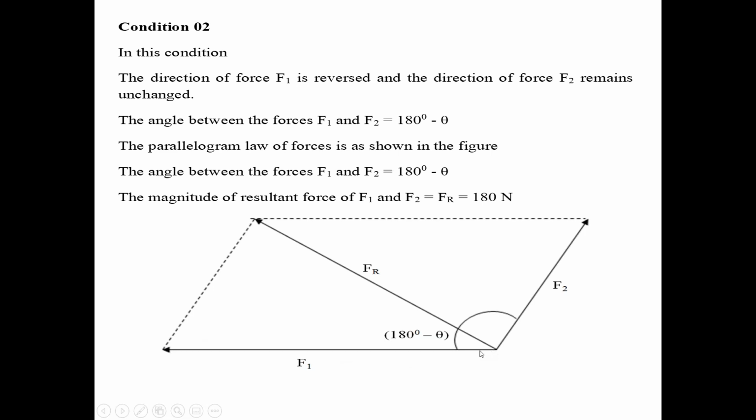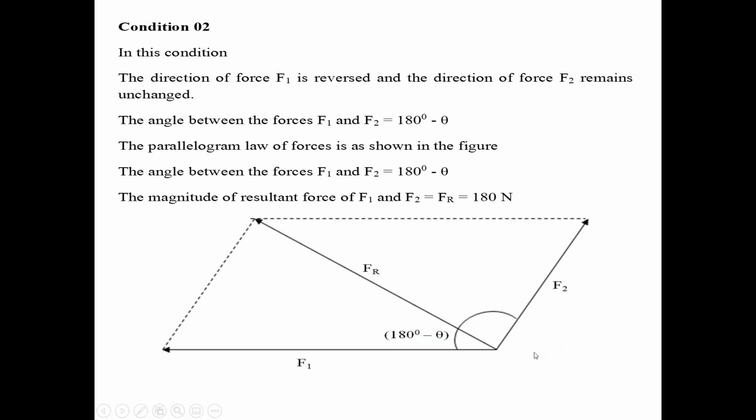When the direction of the first force is reversed, the angle between the first force and second force becomes 180 minus theta. If the first force F1 is in the right side direction, between the forces F1, F2, theta is the angle.